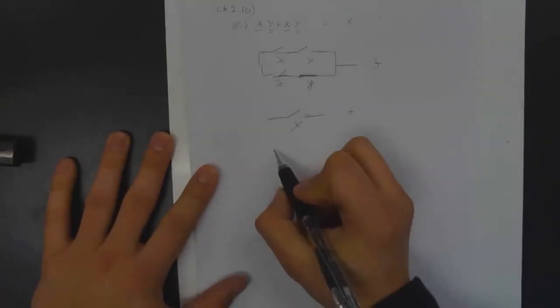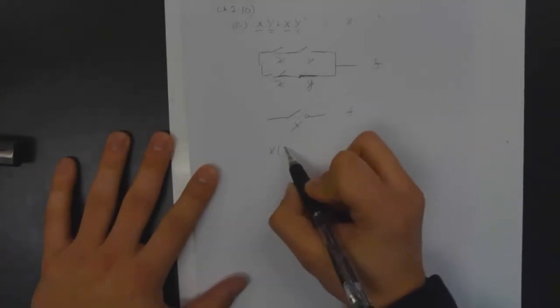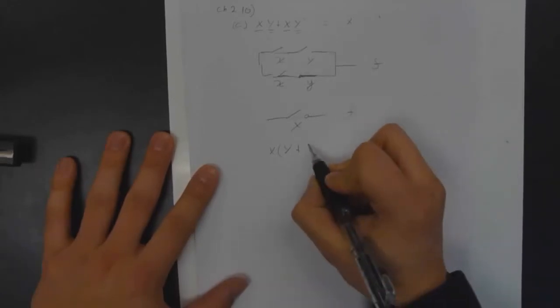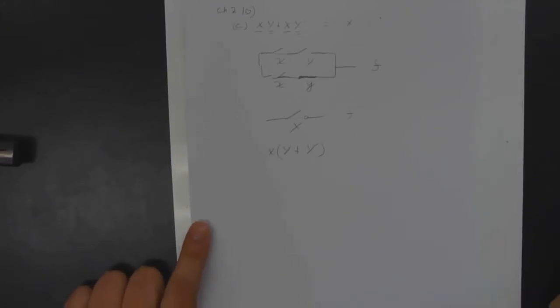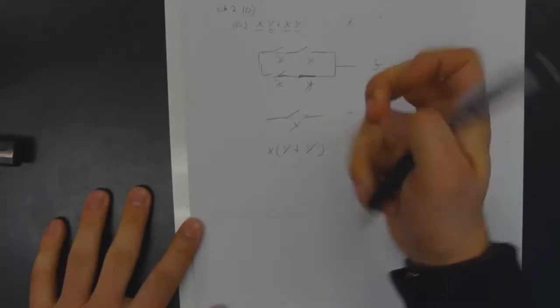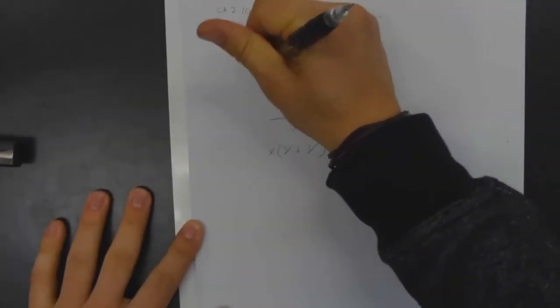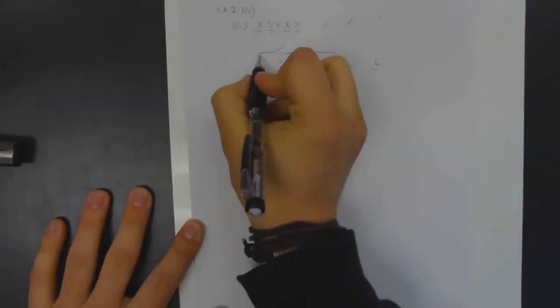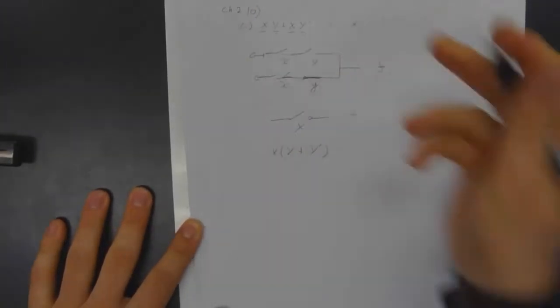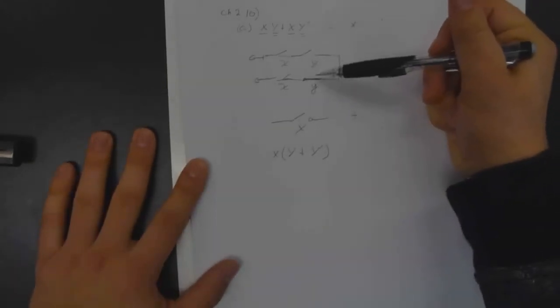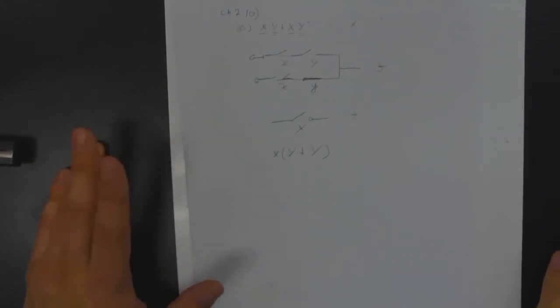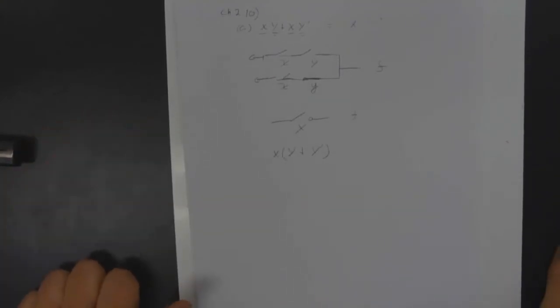You can also look at it as X goes through, and then the basic property of Y or Y naught is that no matter what, one of them equals 1, so it's an OR. You can look at it that way. I'm not a great circuit artist, but the idea is that at some point this one will be closed or open, and it's just what X equals.